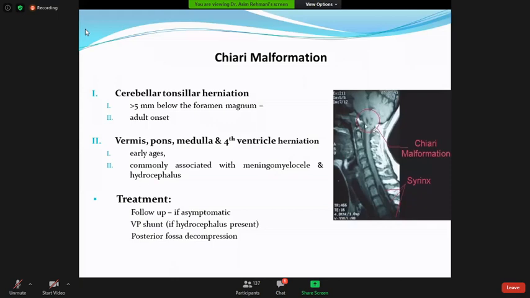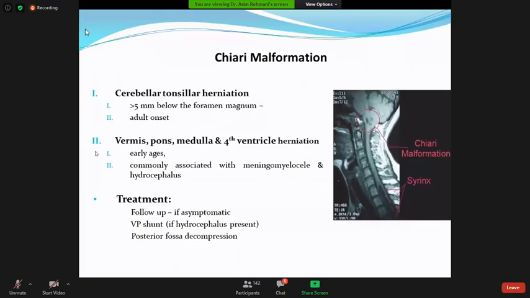You can see in this picture, this MRI T1 weighted sagittal image, that there is herniation of cerebellar tonsils below the foramen magnum into the cervical canal, that is causing crowding of the contents of the cervico-medullary junction or craniovertebral junction. And it is the most common cause of formation of a cavity within the spinal cord, which is called syrinx or syringomyelia.